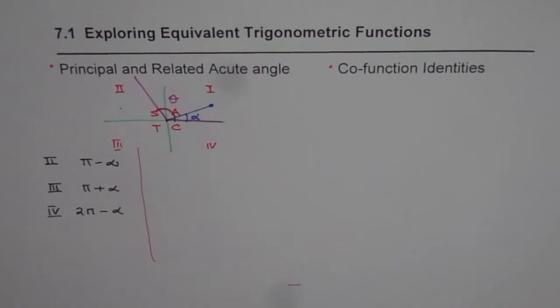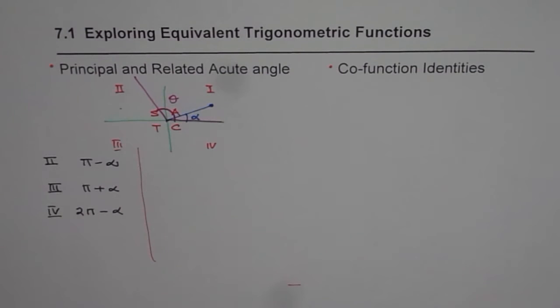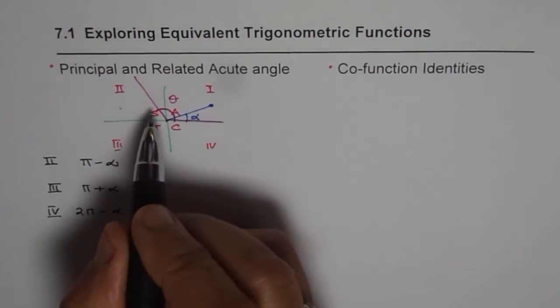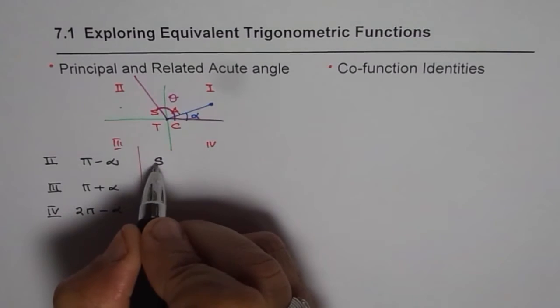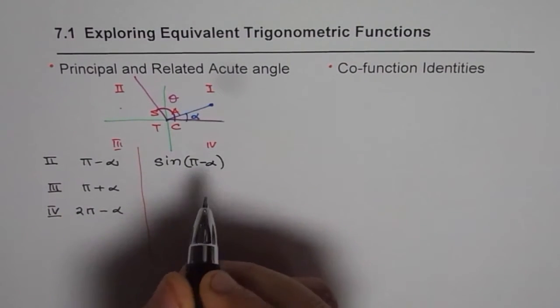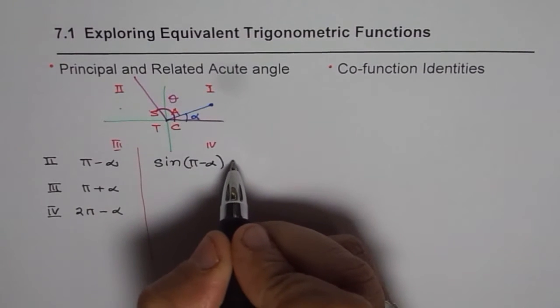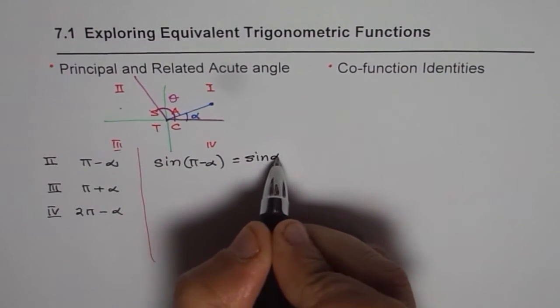The second part you also understand is in which quadrant which trigonometric ratio is positive or negative. So let's say we have sine in quadrant 2. That means sine of pi minus alpha. We know sine is positive, therefore it should be equal to sine alpha, right?